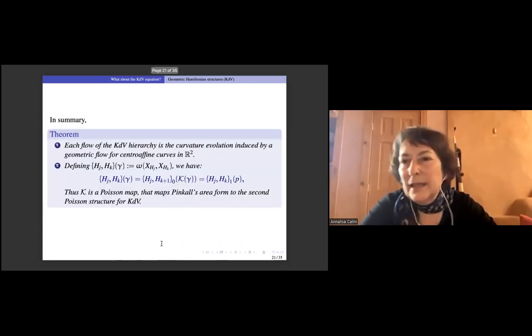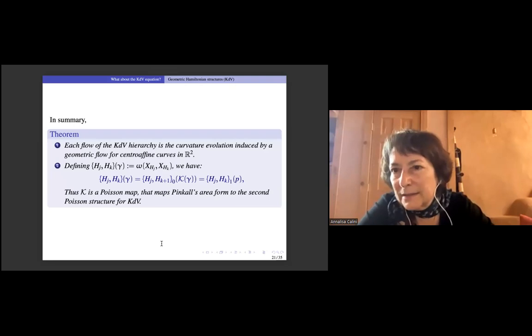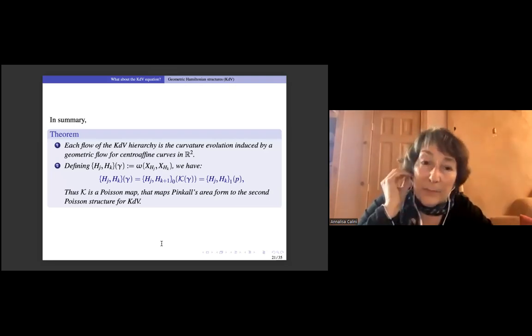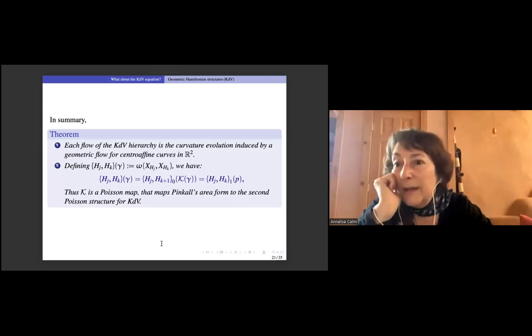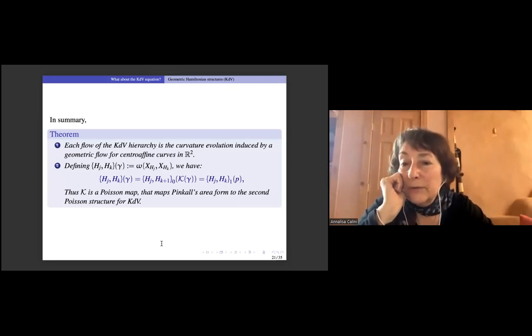And at the end of the day, you get a similar result as the one of Langer and Perline. The statement is simply that each flow of the KdV hierarchy can be interpreted as the evolution for the curvature of a curve evolving by a geometric flow in centroaffine R2.